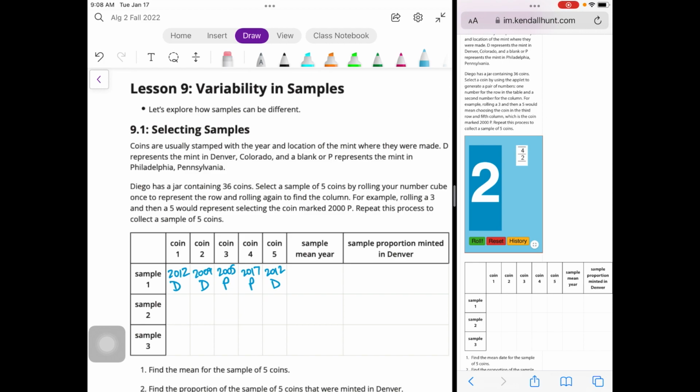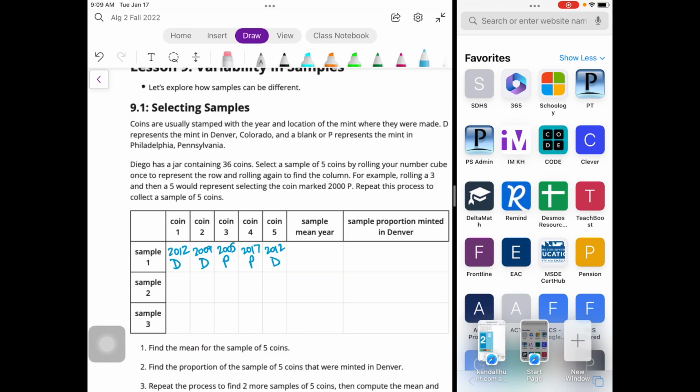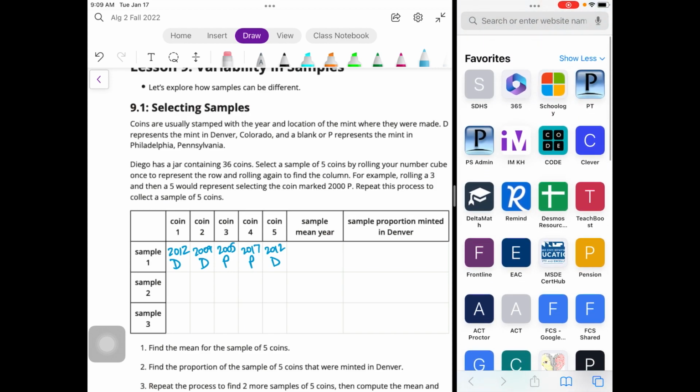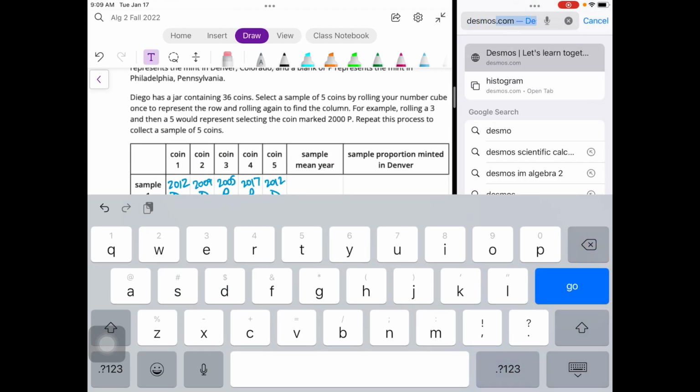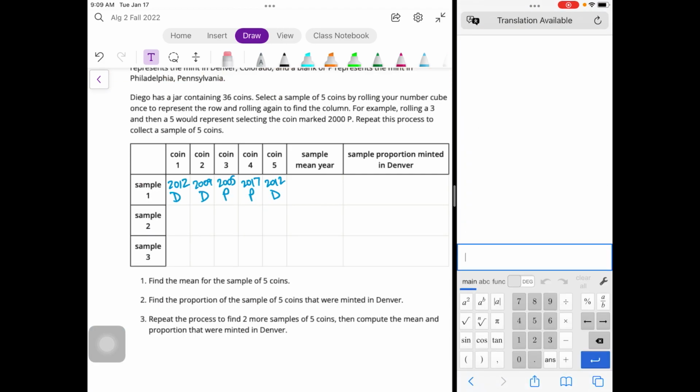Okay, so we can find the mean of the sample. And so let's do that. We'll just type in Desmos for a calculator. We'll just use scientific. All right, so we have 2012 plus 2009 plus 2005 plus 2017 plus 2012.